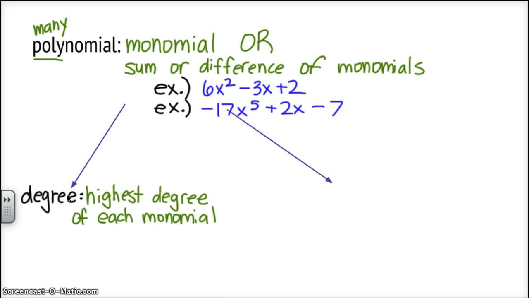So in this first example, 6x squared has a degree of 2, minus 3x is a degree of 1, and this has a degree of 0, so my degree here is 2, because that's the biggest. Then I have a degree of 5, a degree of 1, a degree of 0, so the degree of my polynomial is 5, because that's the biggest. Okay, so we're looking for the highest one.